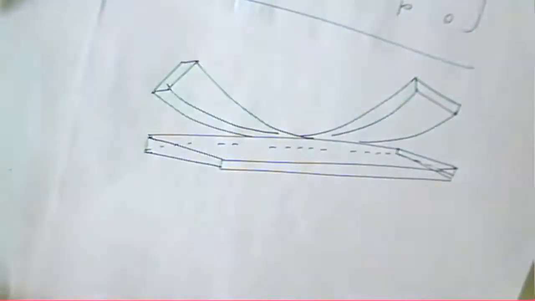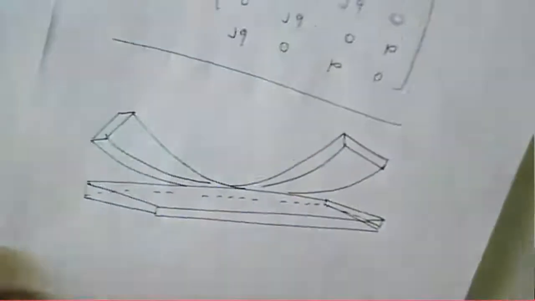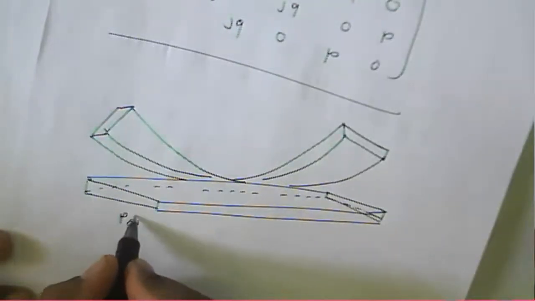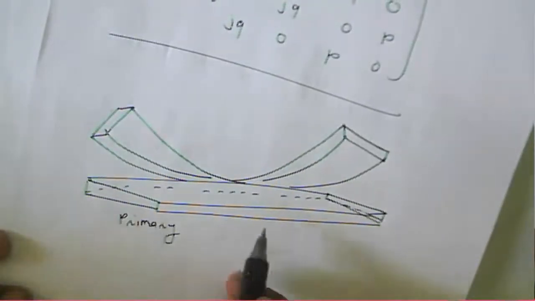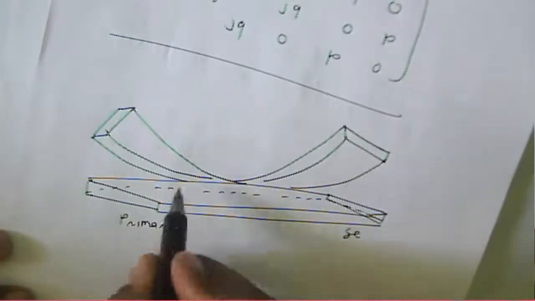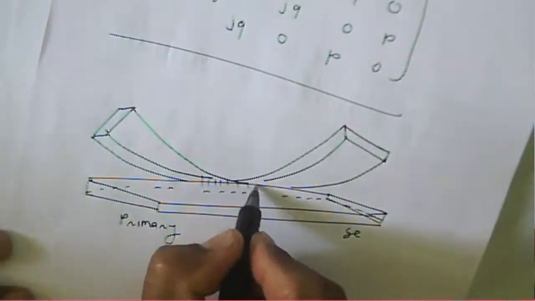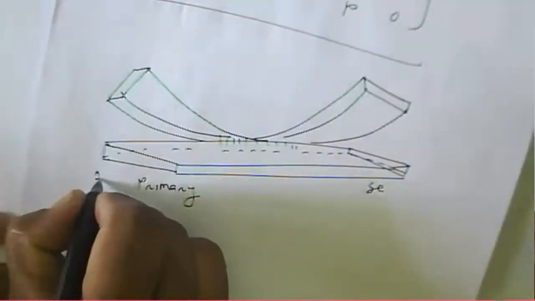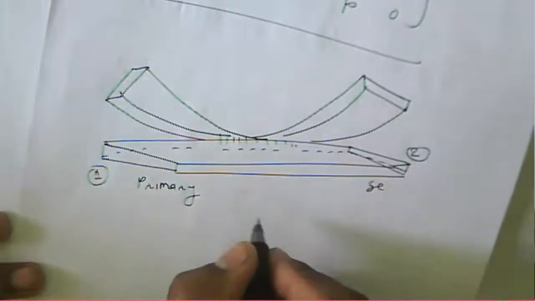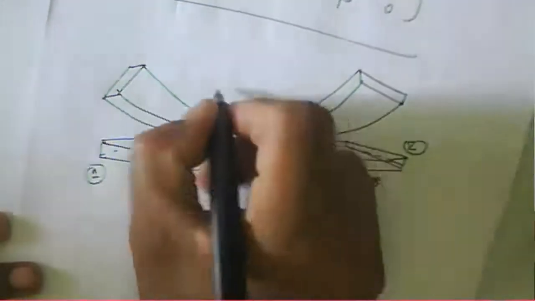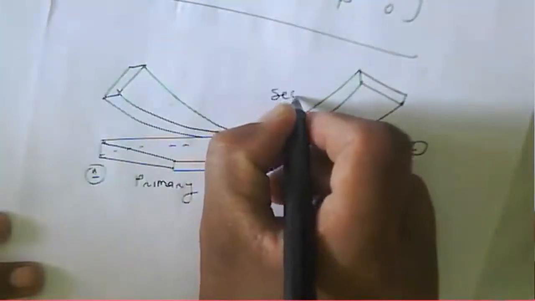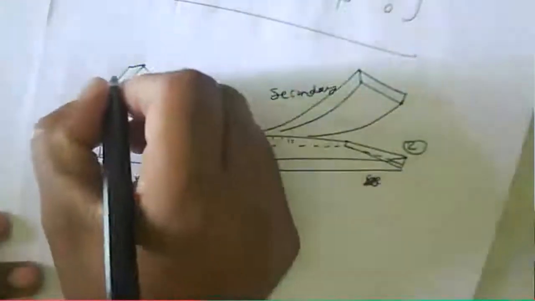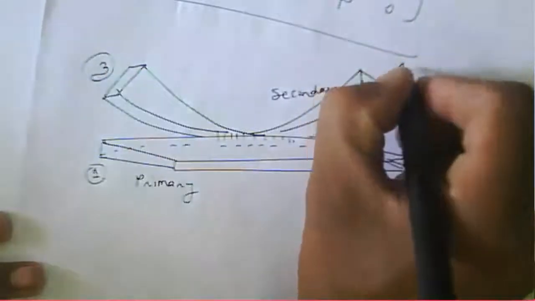In the case of a multi-hole directional coupler, this is the primary one, and this is the secondary one. It has multiple holes, and through them your power couples. This is port 1 and this is port 2. This acts as the primary and this as the secondary. Then this becomes port 3 and this becomes port 4.